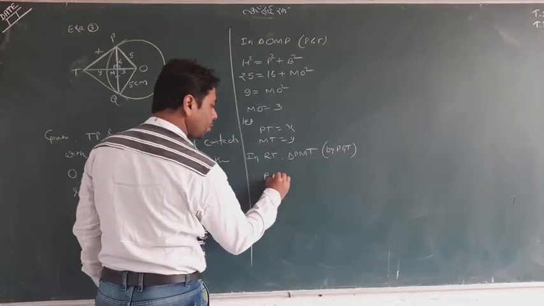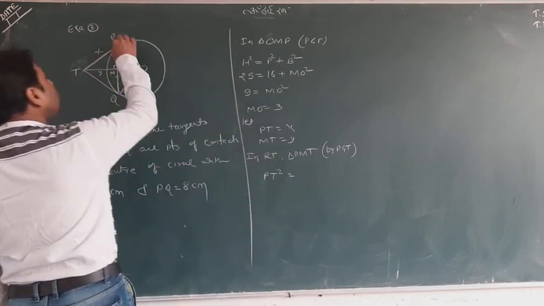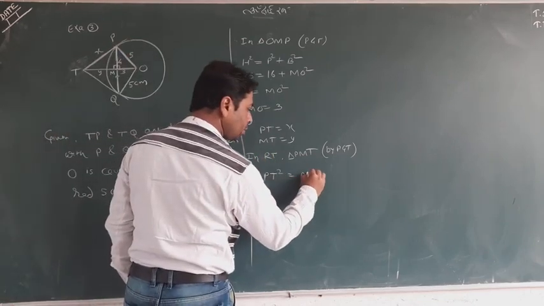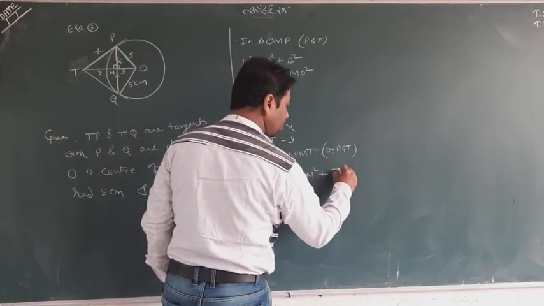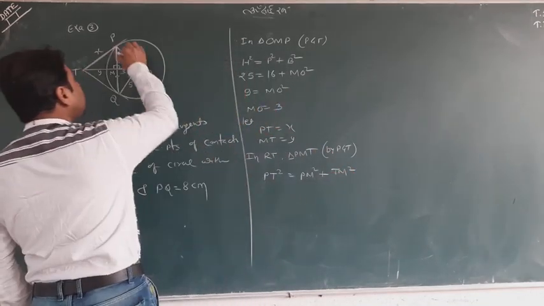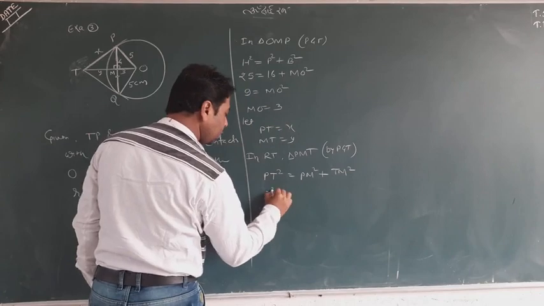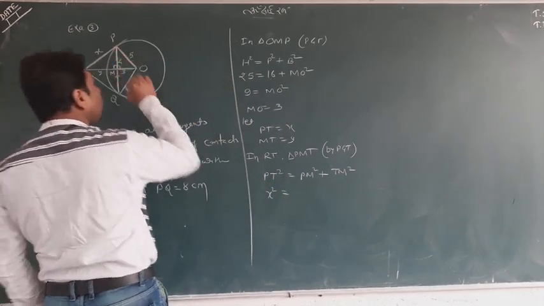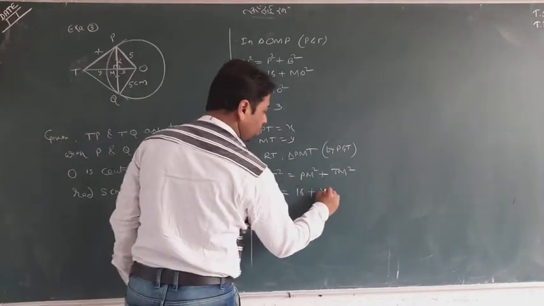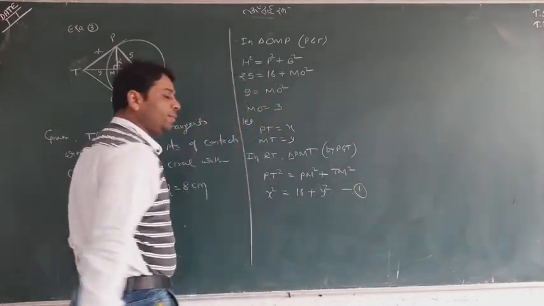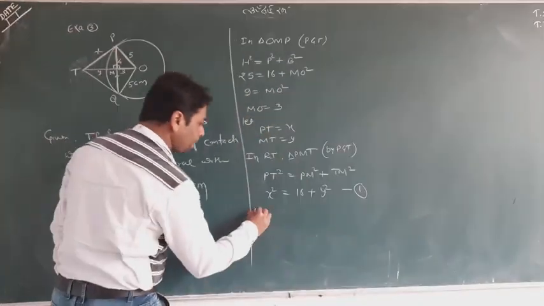We have PT square is equal to PM square plus TM square. So PT square is equal to x square, PM is 4, so 4 squared is 16, and TM is y square. I want to leave this particular equation right here.